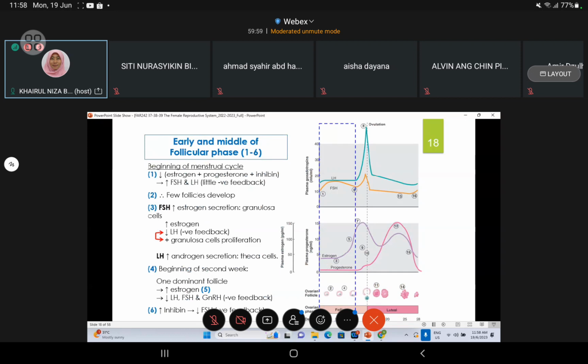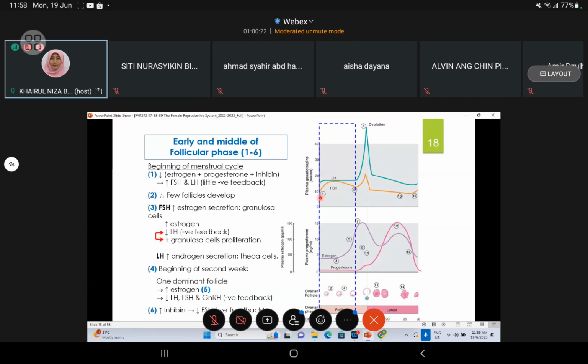If we take a look at the ovaries, the low level of estrogen stops the negative inhibition of LH and FSH.